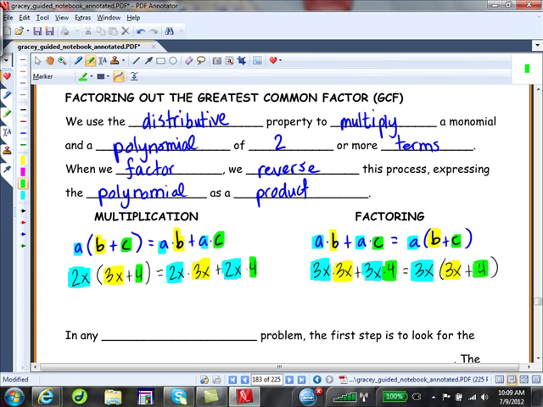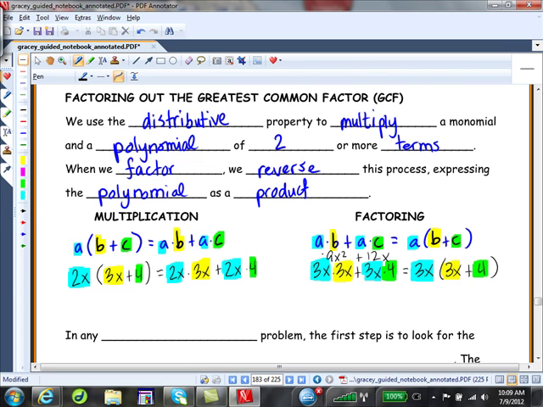Now, this of course was a nice problem because I gave it to you with the greatest common factor already written out like that. What you would normally start with in this problem is 3x times 3x is 9x squared. 3x times 4 is 12x, right?